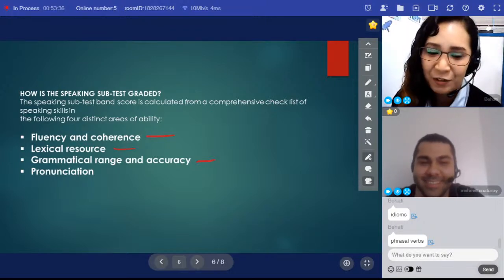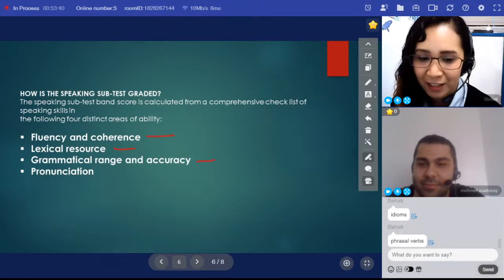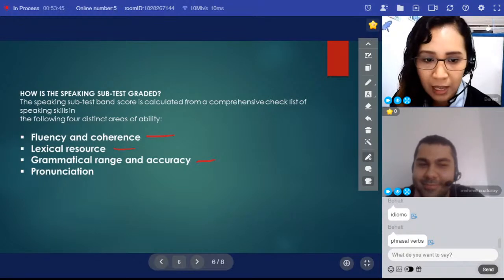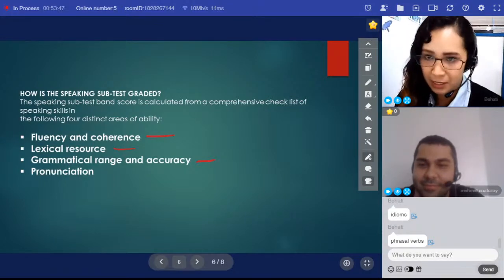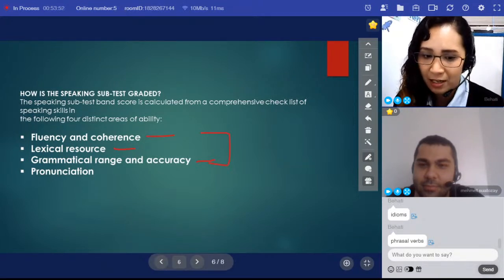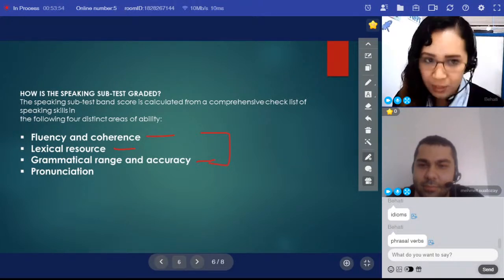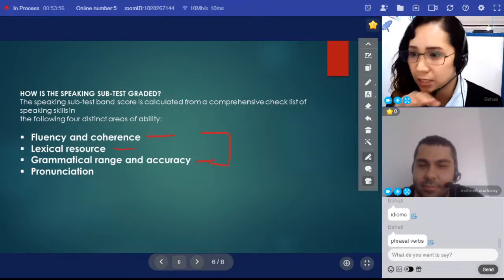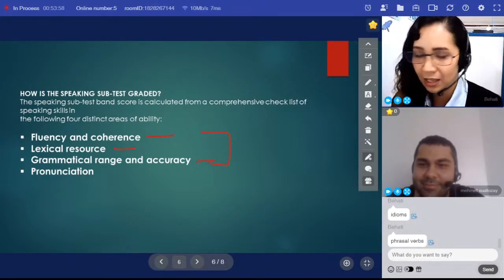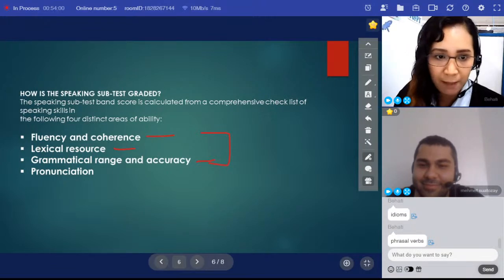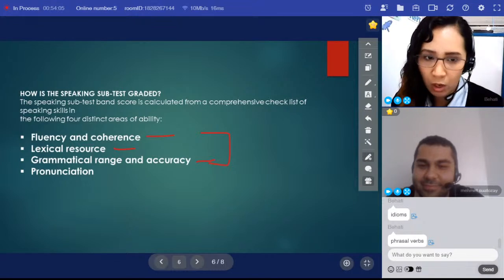So now we move on to your grammar. There are lapses, and you tend to answer in fragments, which also affects your fluency and coherence. At times, you tend to not say complete sentences, and they are cut. For example, this morning when we talked about music, you said, "I like special.